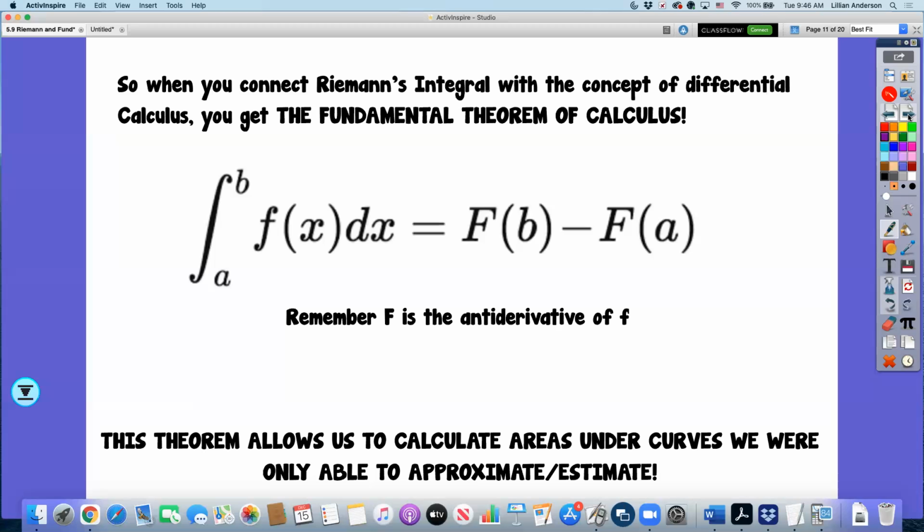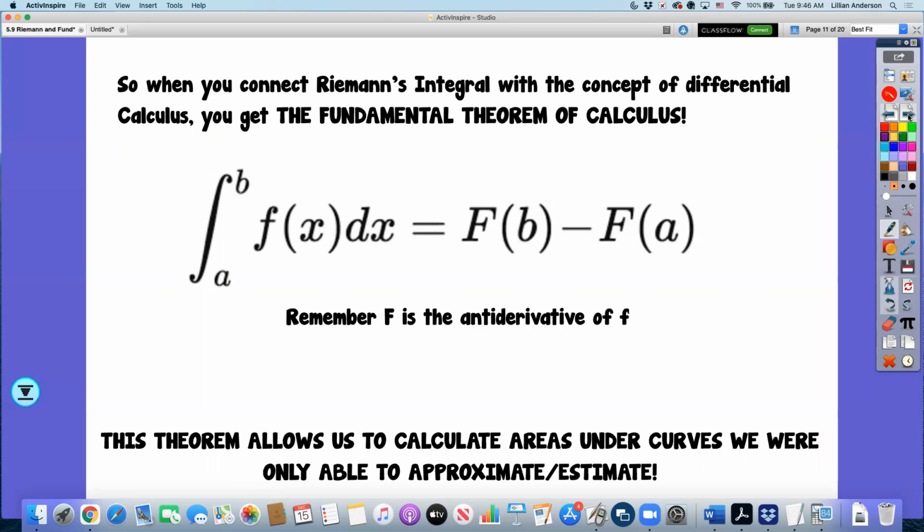Before we were only able to estimate it using the trapezoidal rule and rectangles. But this formula right here, the same formula that's also given to you in your reference booklet, allows you to find the exact area underneath any curve.